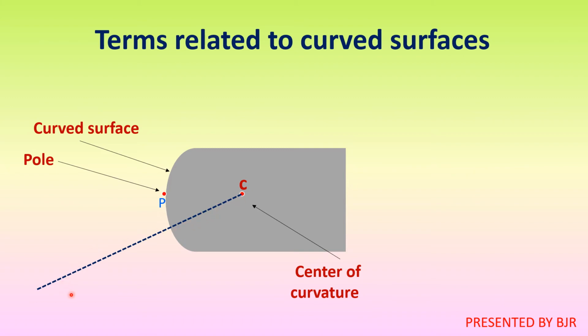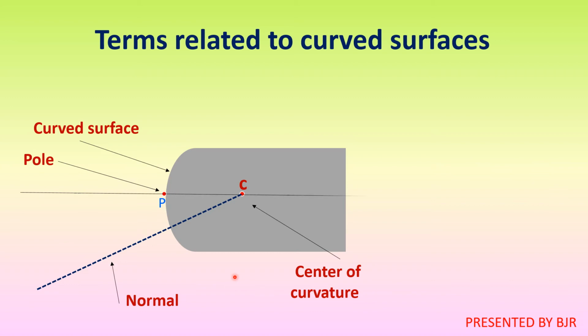So you need not draw the tangent again, draw the normal directly through the radius. Not the radius of curvature, through the radius you have to draw the normal. So this is the normal. If you want to draw the normal at this point, again you have to draw the ray through the radius.